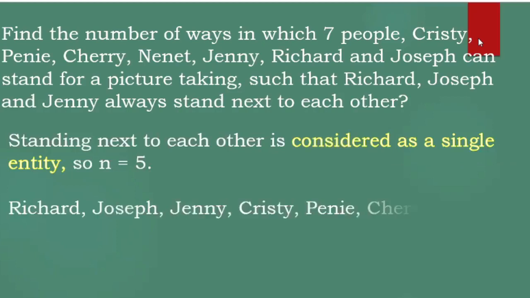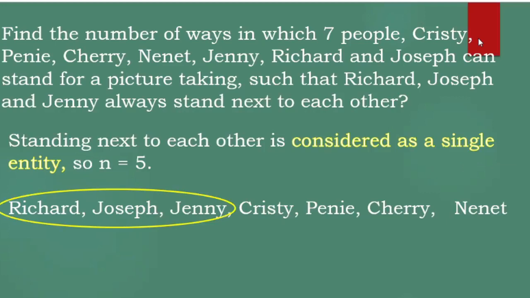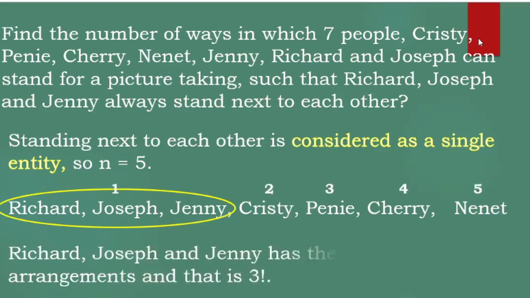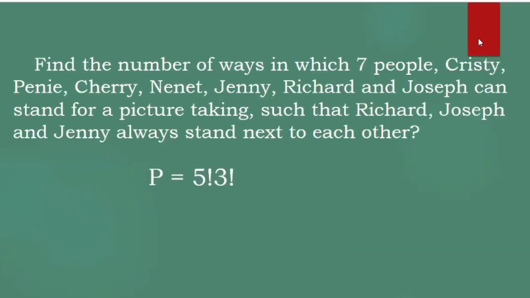Okay. So this is the condition. Standing next to each other is considered as a single entity. So N equals 5. Joseph, Richard, Jenny, Christy, Penny, Cherry, and Ninette. Okay, so we consider this one as 5. So Richard, Joseph, and Jenny have their own arrangement, and that is 3 factorial.